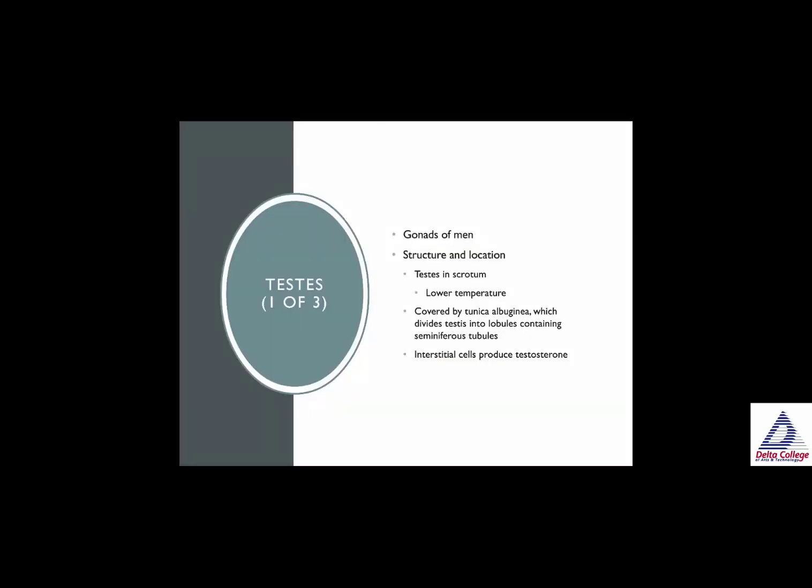So testes, remember, testes are the gonads of men. The structure and location: the testes are located in the scrotum. The testes hang down in the scrotum to lower the temperature. In warmer temperatures, they hang lower, and in colder temperatures, they will actually kind of shrivel and go up towards the body to help keep the temperature regulated in the scrotum.